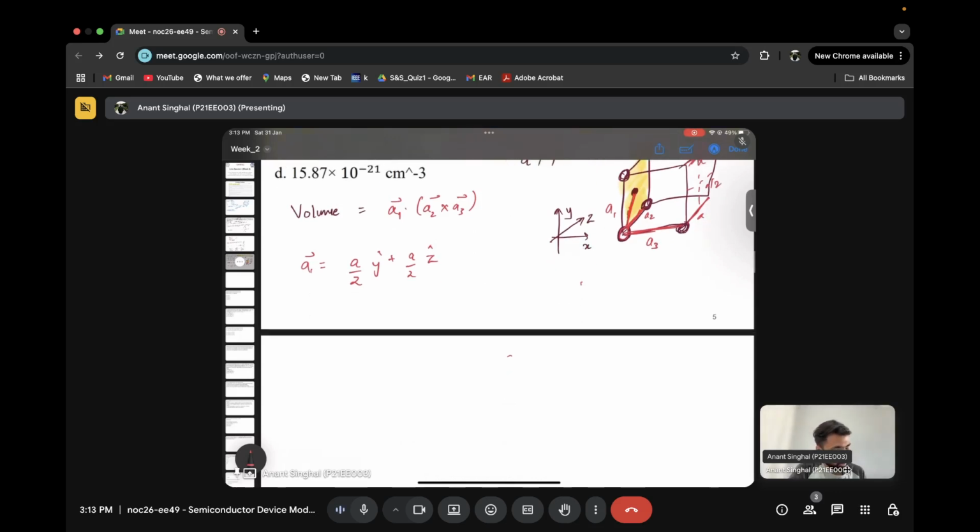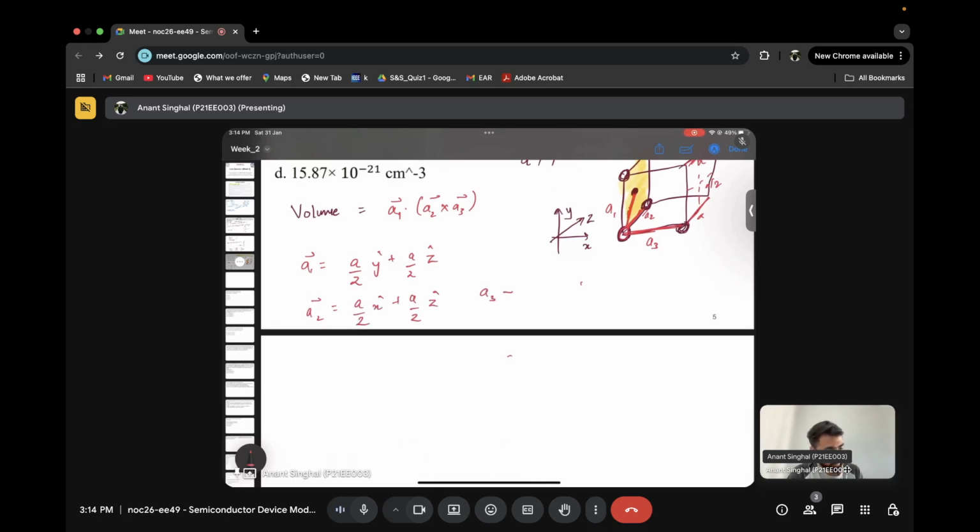Then what do we have? Next is A2. A2 is this vector. Where is A2? A2 is in the XZ plane, right? The XZ plane is this, the bottom one. So there is no y in that. So A2 will be nothing but A by 2 x plus A by 2 z.